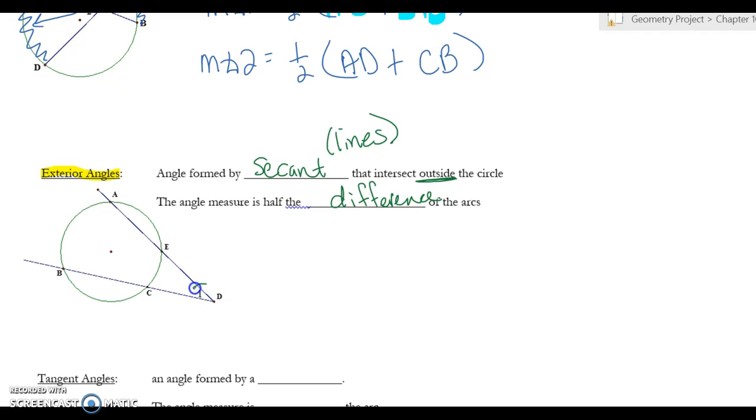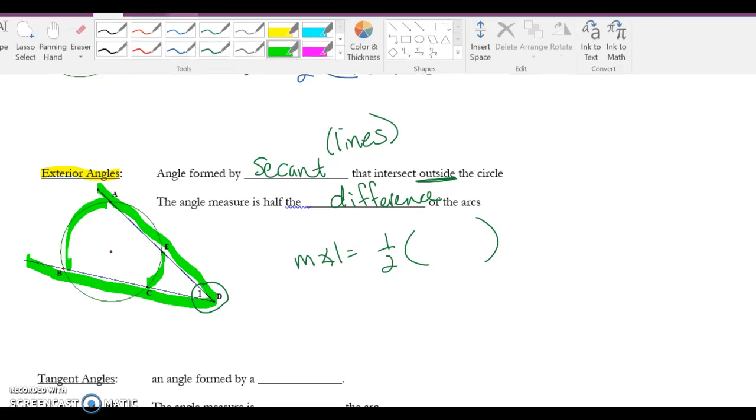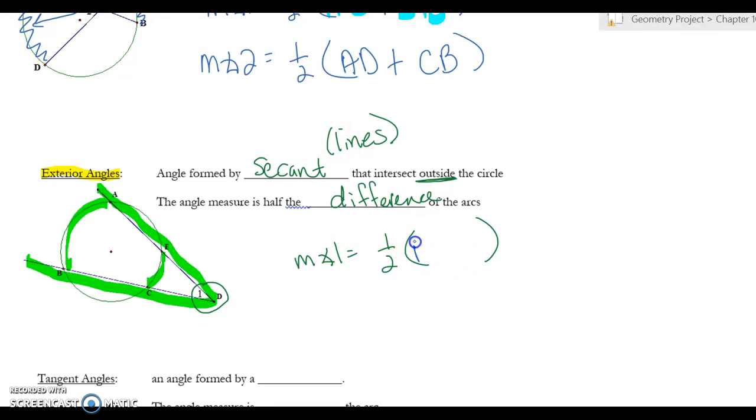So this is angle 1. So the measure of angle 1 is equal to 1/2. Okay, so angle 1 is this angle right here. And the arcs that make that angle are this one and this one. And so it's going to be the big arc, which is the farthest one away, AB, minus the closer one, EC.